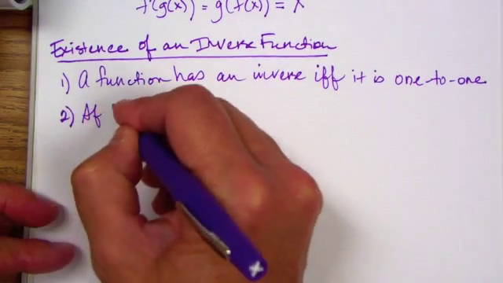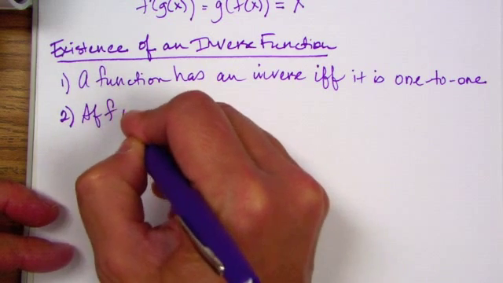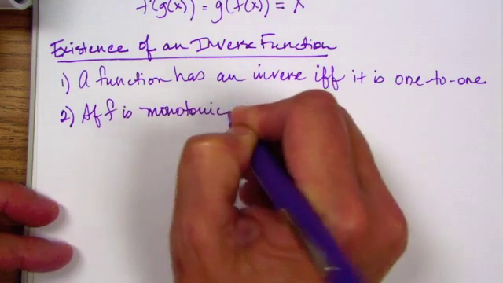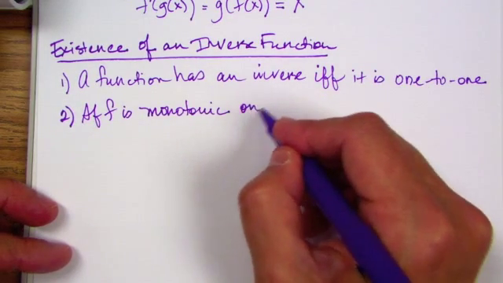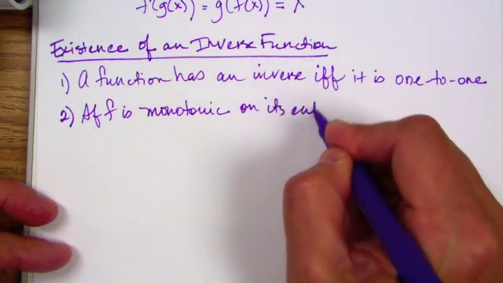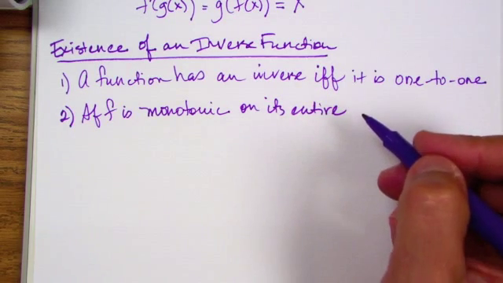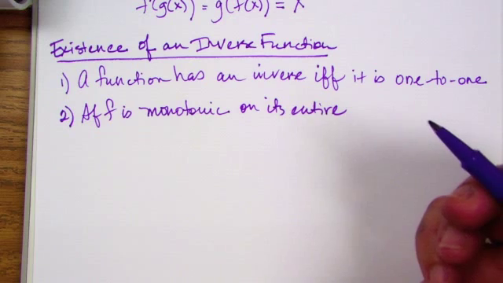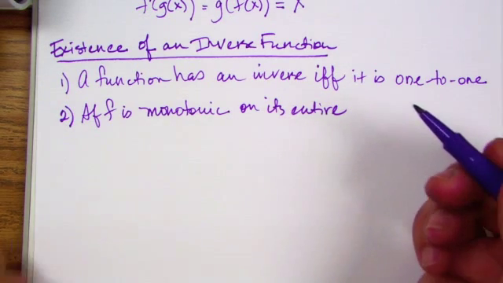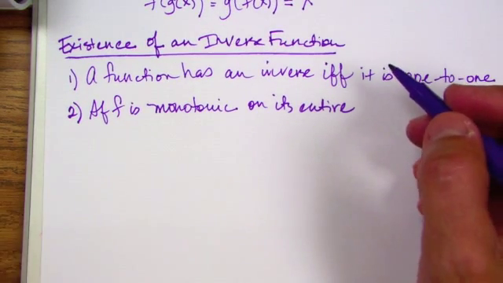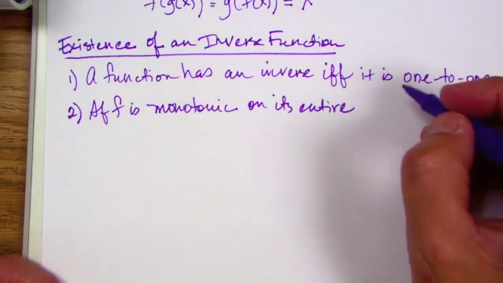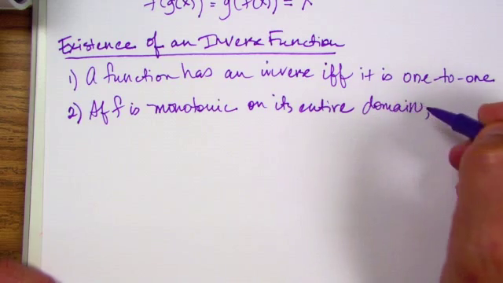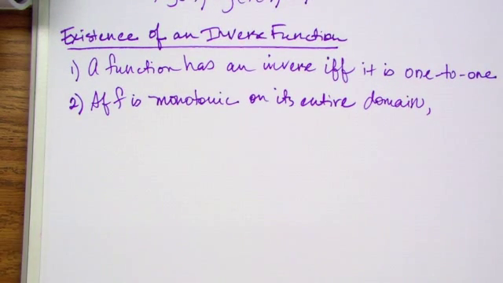If f is monotonic, do you guys remember that word? Nope. Ms. Sanders, so a function has an inverse always, but the inverse is a function all the time? Right. If f is monotonic on its entire domain, do you remember?